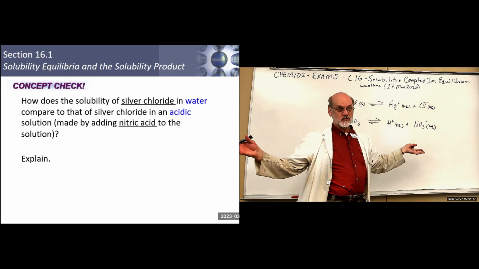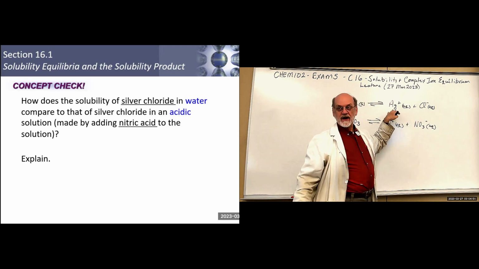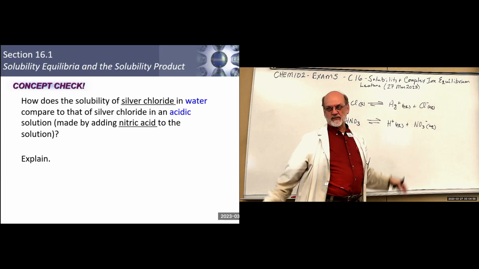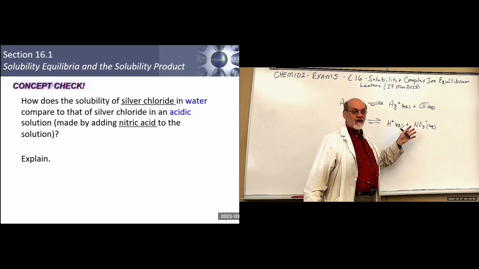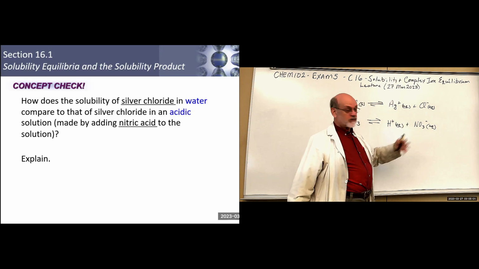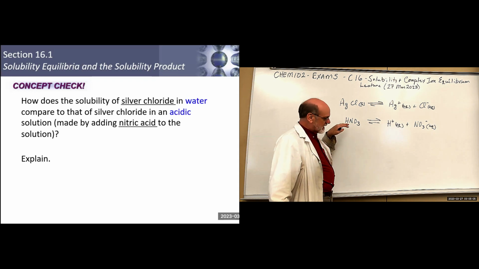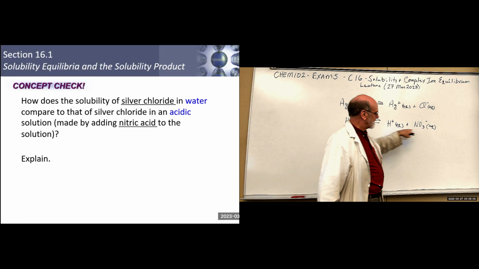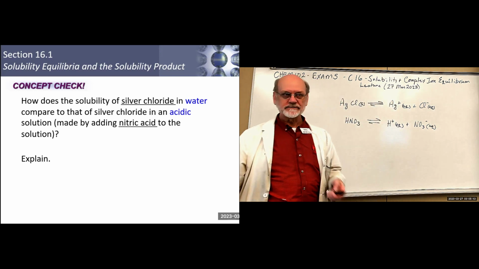So there's no reaction there. Nitrate and silver ions, same thing. Silver nitrate is completely soluble, right? So you don't get any precipitation there at all. You don't get any reaction whatsoever. So the addition of the acidity of the solution based upon nitric acid will have no impact on the solubility whatsoever.